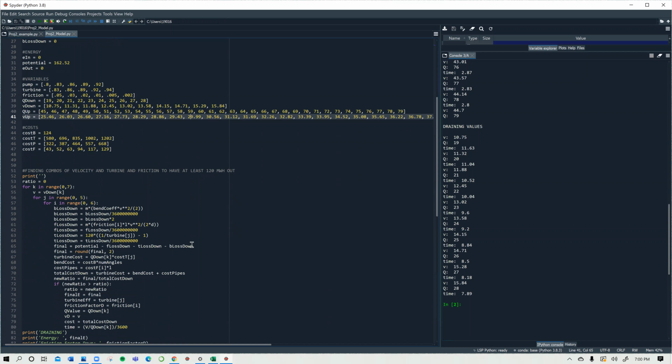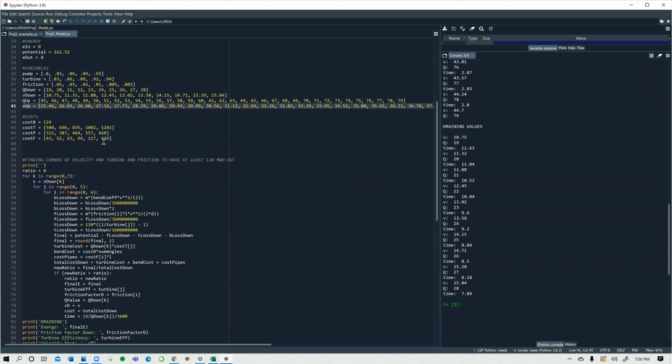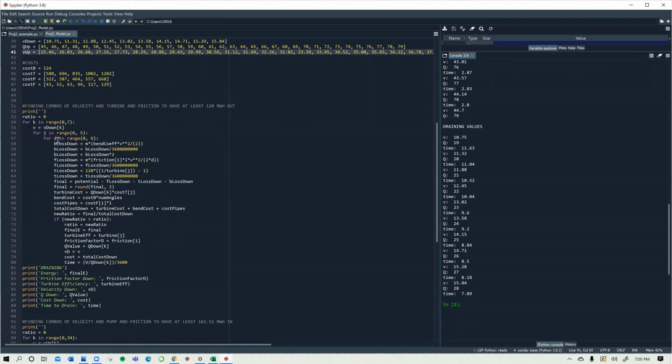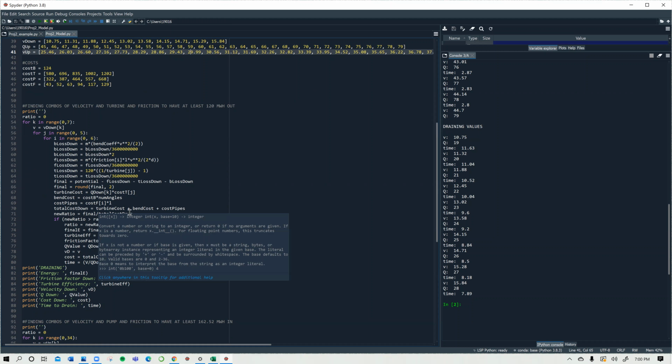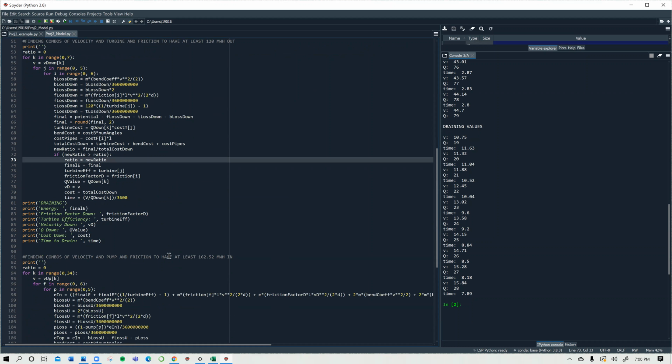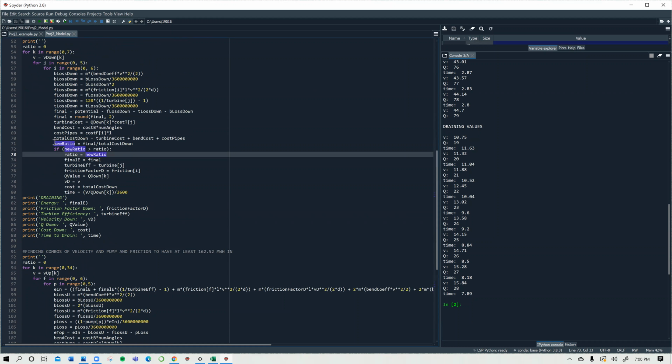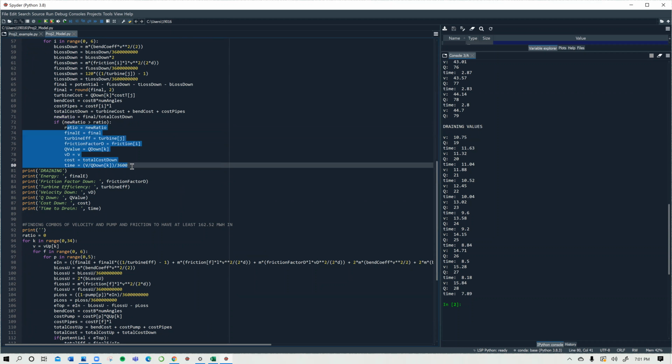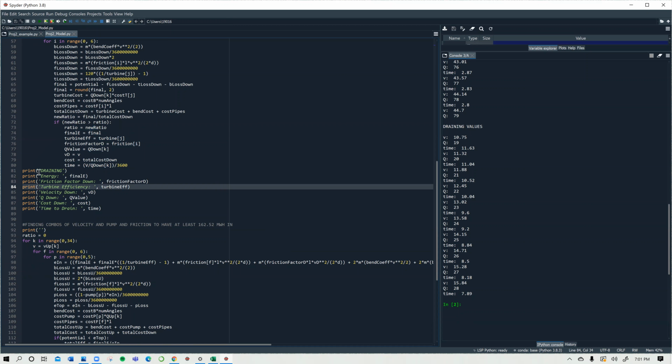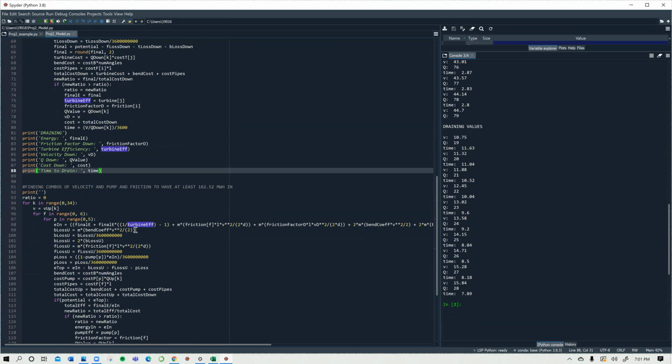We use those sets along with the cost of everything to calculate how much final energy there will be from the system and the cost of each combination. And from there, it finds the ratio that is the greatest of final energy to cost and remembers the values at the biggest ratio. And then at the end of that section, it'll print all of those.